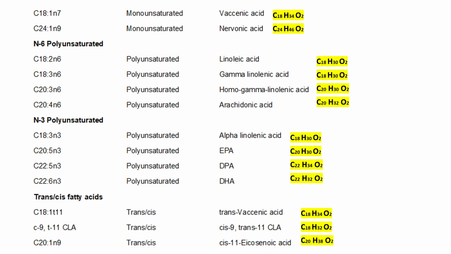Again, nothing more than carbon, hydrogen, and oxygen. Your omega-3 polyunsaturated fats, nothing more than carbon, hydrogen, and oxygen. And even your trans fats, both trans and cis, are both carbon, hydrogen, and oxygen and nothing more.